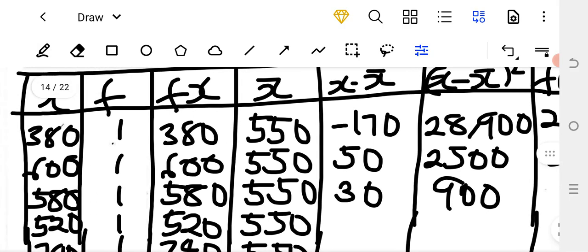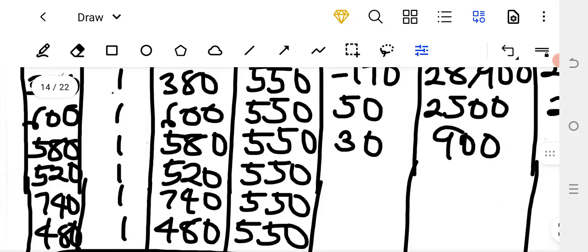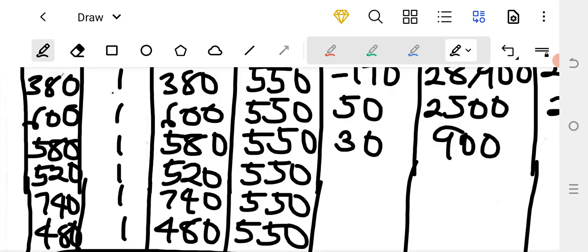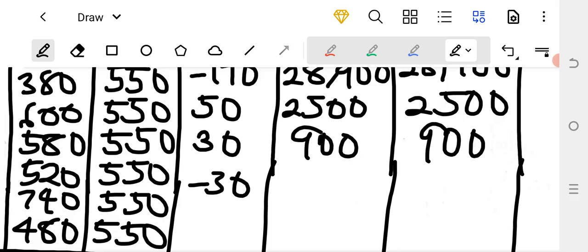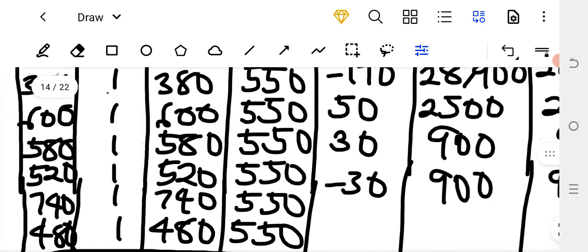Then you say 520 minus 550, which gives you negative 30. You square the answer and you still get a positive 900, and 900 here too. Then here we have 740 minus 550, which gives you a positive 190.